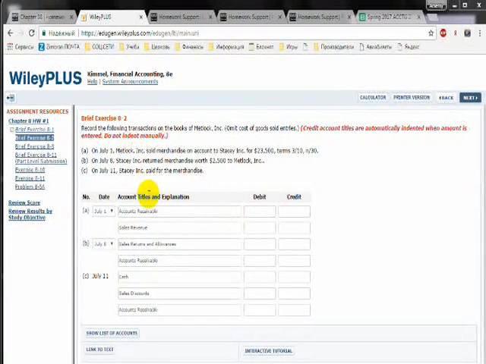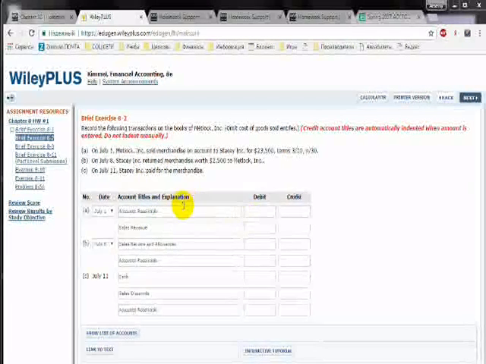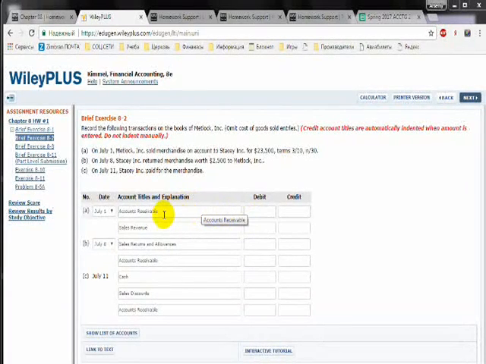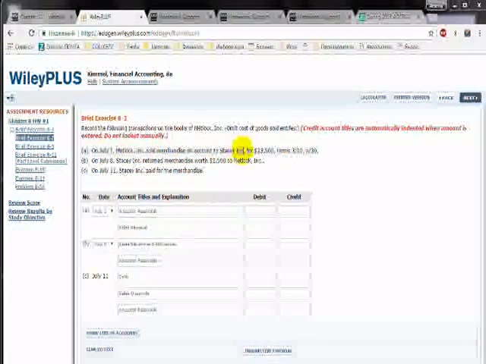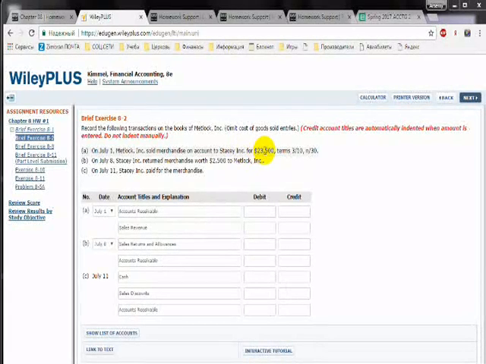Also, we need to fill in the blanks in this assignment A2. So what happened? Matlock sold merchandise to another company for $23,500.